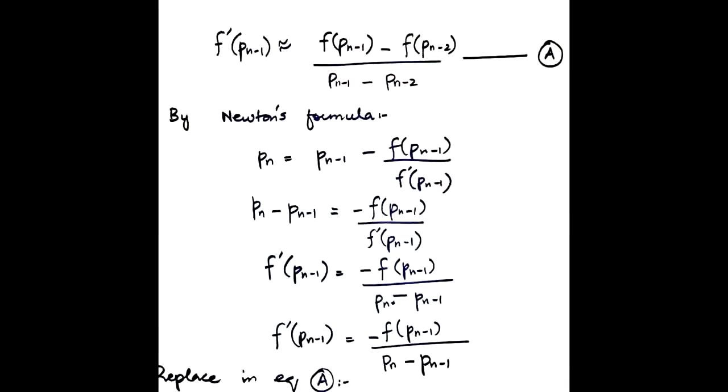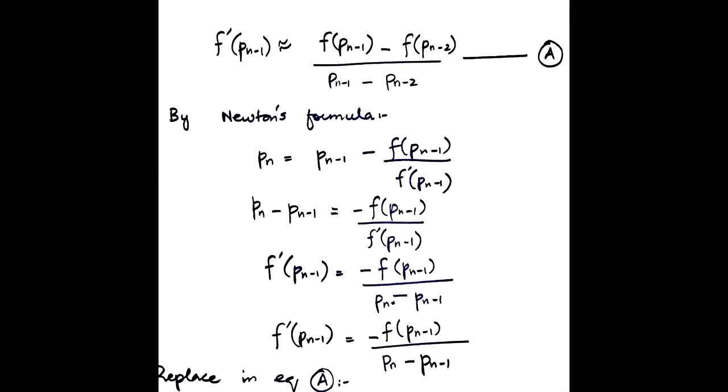In the next step, we use this approximation for f'(Pn-1) in Newton's formula. What is Newton's formula? If I calculate Newton's formula at point Pn using the previous points, then Pn equals Pn-1 minus f(Pn-1) divided by f'(Pn-1).